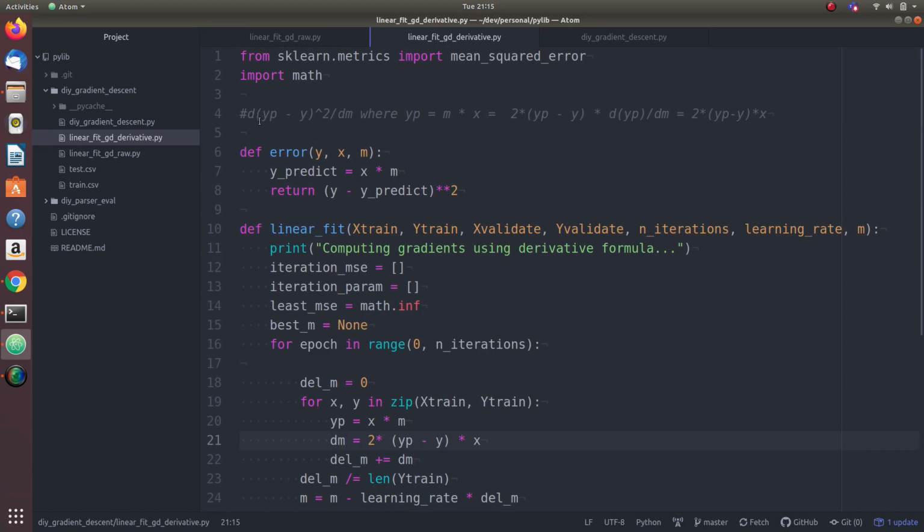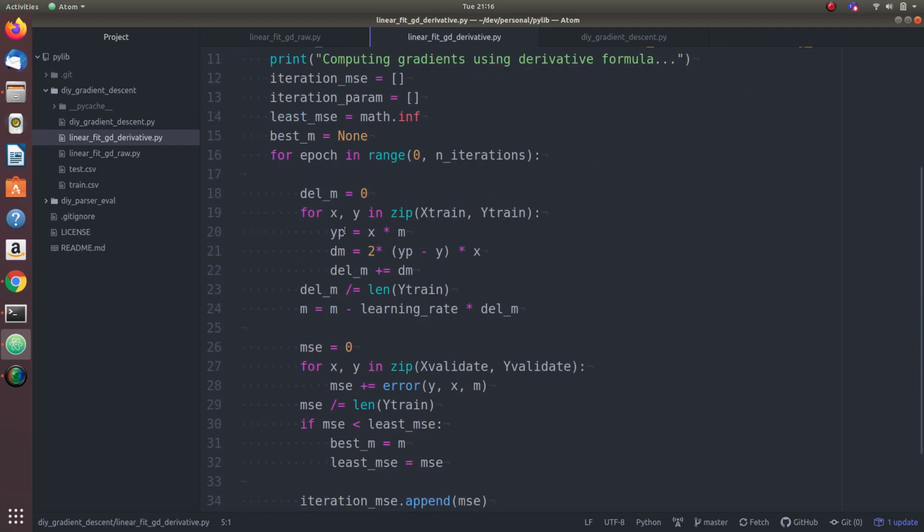If you want to take the derivative of y predict minus y, the whole square, with respect to m, then we can do the derivative analytically, and we will get this symbolic expression: 2 into y predict minus y multiplied by x. This is the derivative of this function at any point m.